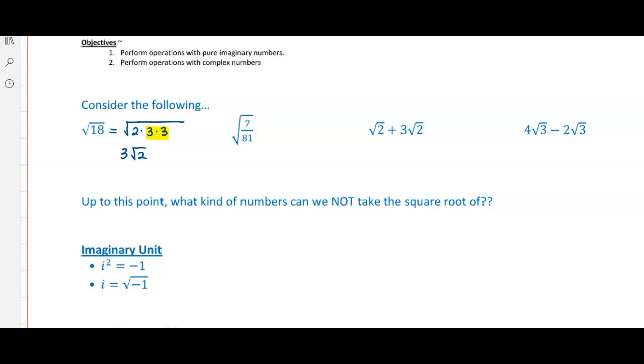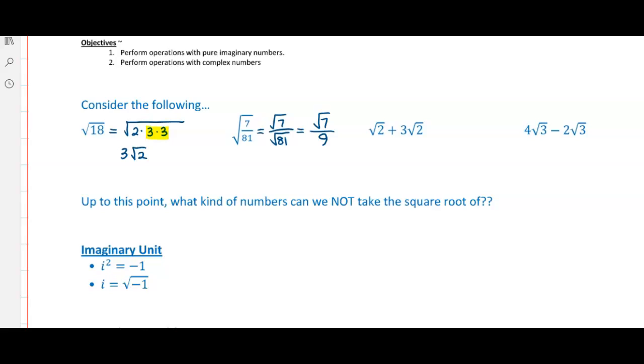With the next example, we have a fraction under our radical, which means we can separate our radicals and simplify when possible. So radical 7 can't change, but radical 81 can be reduced to just 9.